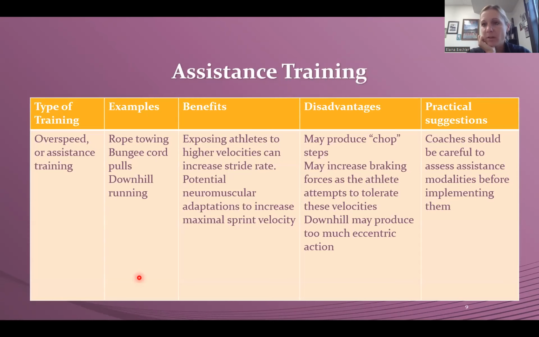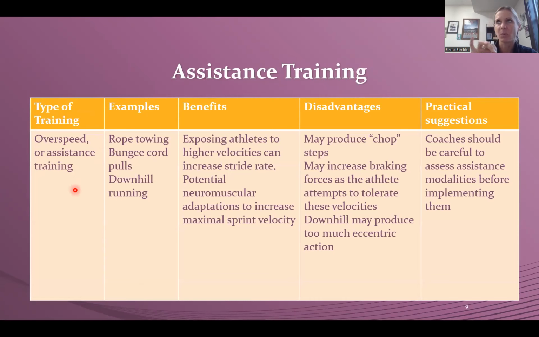So one thing that we can do in speed training or acceleration training is something called assistance training. And I'm going to talk about some of these different elements here in just a couple minutes. But essentially, when we think about assistance training, it's also known as overspeed. And this will allow athletes to run at super maximal speed.